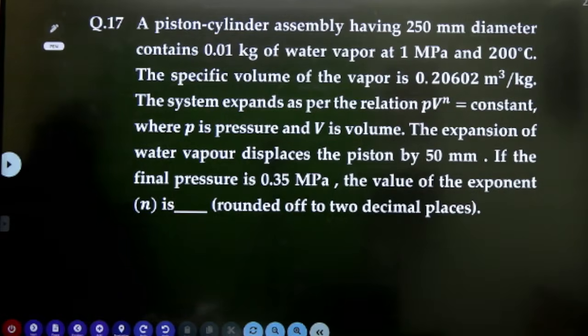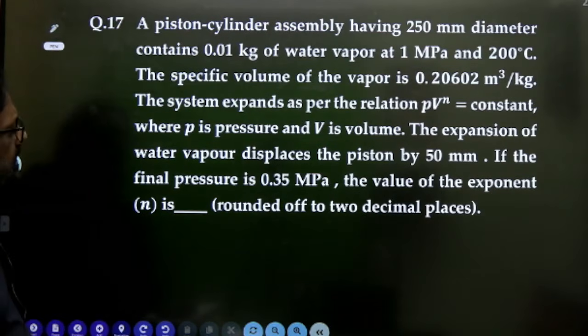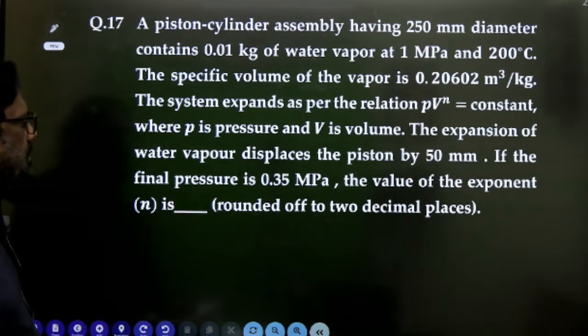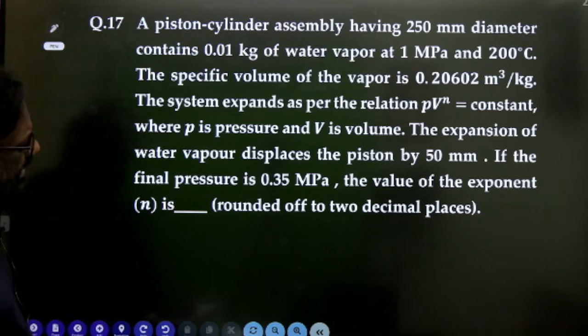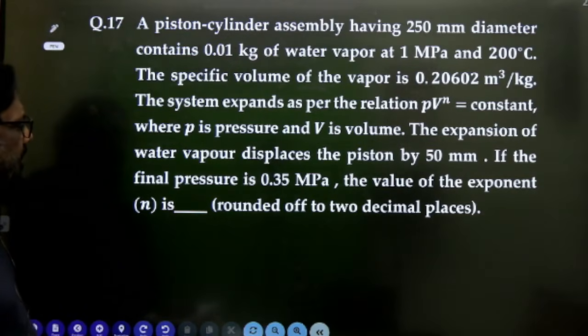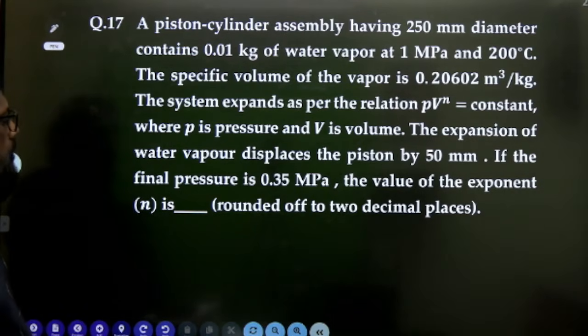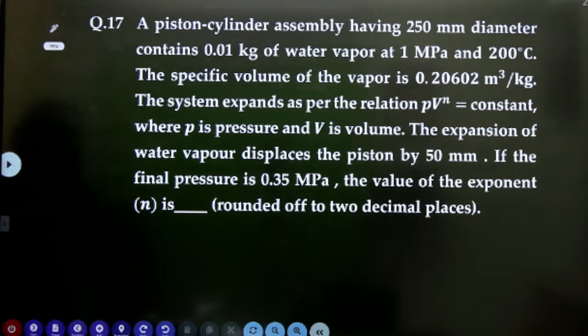The system expands as per the relation PV^n equals constant, where P is the pressure and V is the volume. The expansion of the water vapor displaces the piston by 50 mm. If the final pressure is 0.35 megapascal, the value of the polytropic index, or the exponent n, is.